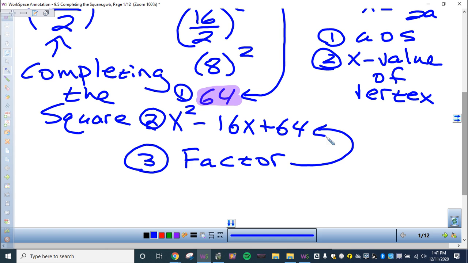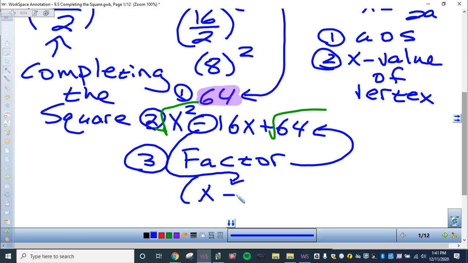So the way you factor that thing, because it's a perfect square trinomial, that's what we just created, you can square root the a term and square root the c term. Okay? So when we do that, we get square root of x squared is x. We bring the sign down from the b, and square root of 64 is 8.